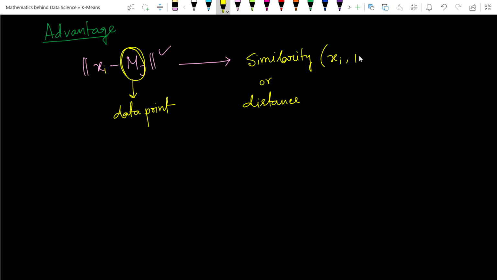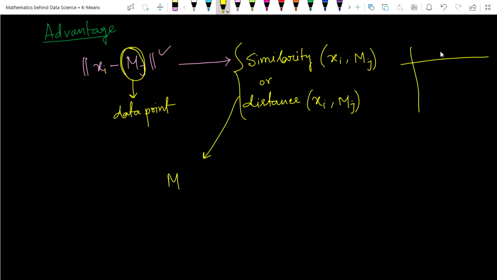So if someone gives the similarity value or distance value of the two points, then we can easily find it. These are called kernel values, and these are the kernel matrix we have seen already.